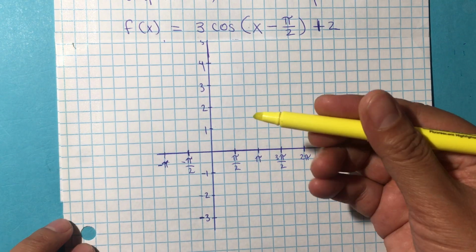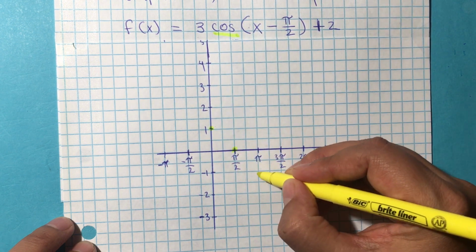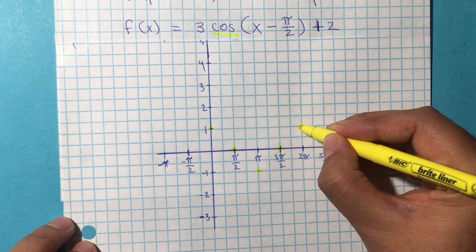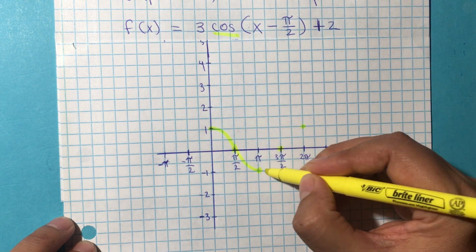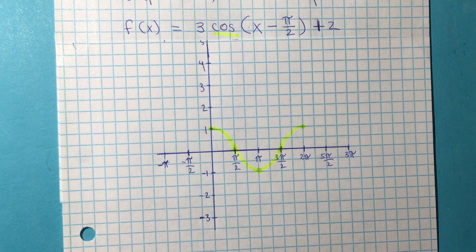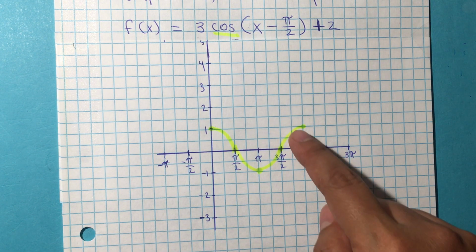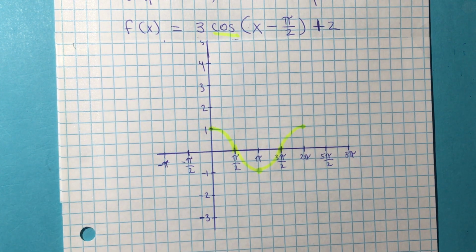So we're going to start with the mother graph. Cosine, it's going to start 1, 0, negative 1, 0, positive 1. And remember that it's curved, so that's our mother graph. It takes one period because remember that it's repeated. This goes on and on in both directions infinitely.